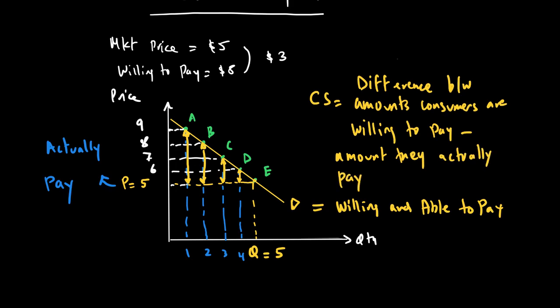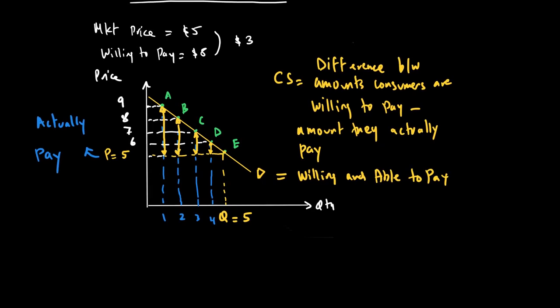If this is my consumer surplus, for the first unit it will be 9 minus 5, which is 4, plus for the second unit 8 minus 5, which is 3, and the third unit it will be 2, because that's 7 minus 5, and then the fourth unit will be 1, and the last one will be 0.